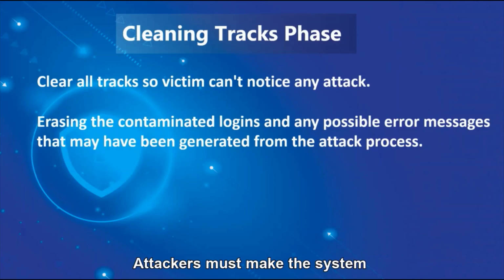Attackers must make the system look like no action was done before they gain access and establish backdoors for their use only. Any files which have been modified need to be changed back to their original attributes. The information listed, such as file size and date, is just attribute information contained within the file.